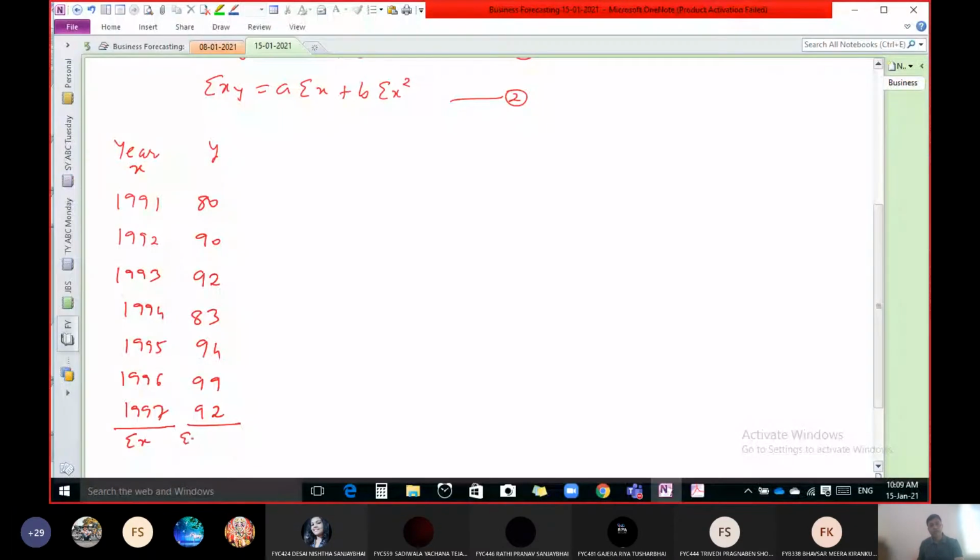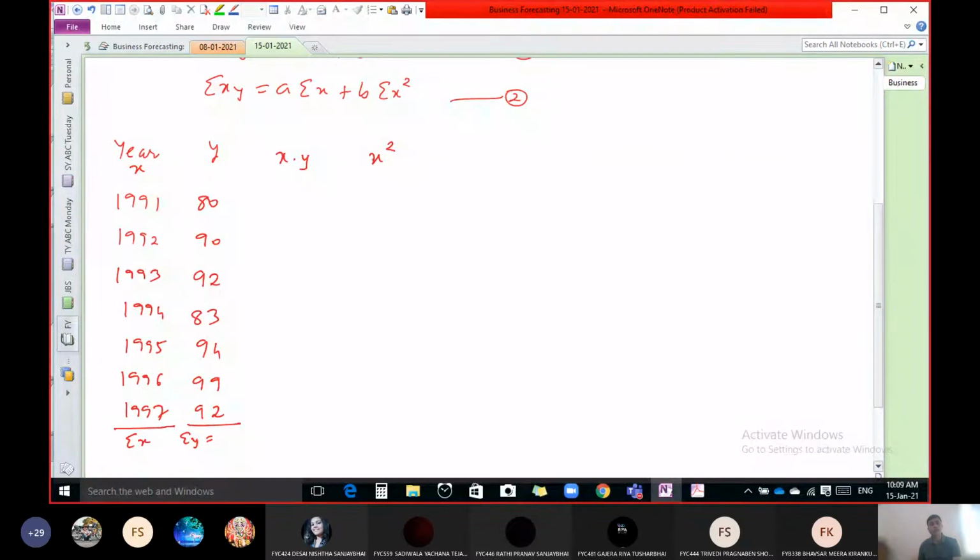Here we get sigma y. Now we require x into y, so multiplying these two numbers, and then we require x square, so we have to take the square of this. Obviously the square of these values and their total becomes a very big number.